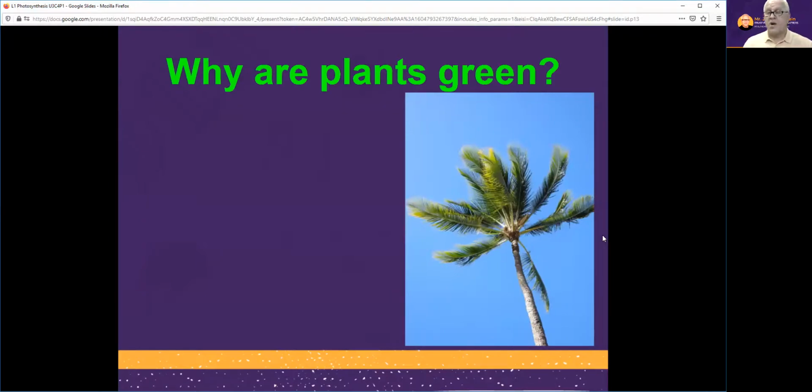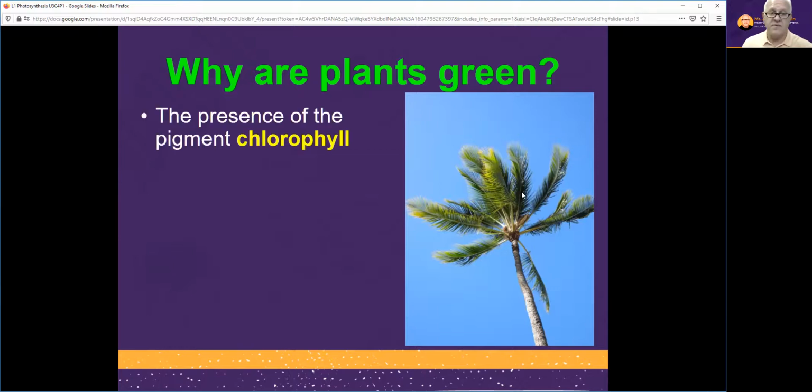Hey, have you ever wondered why plants are green? Well, by now you pretty much got the hint that the chloroplast has something to do with it, because we showed it to you in green. But here we have a nice tree, looks like a palm tree, nice green leaves, but why are those leaves green? Well, it comes from the presence of the pigment chlorophyll.